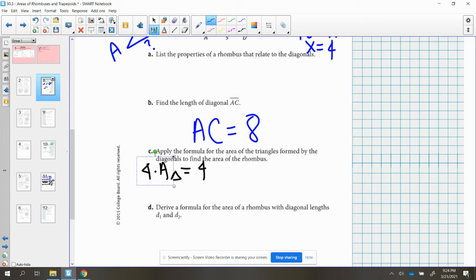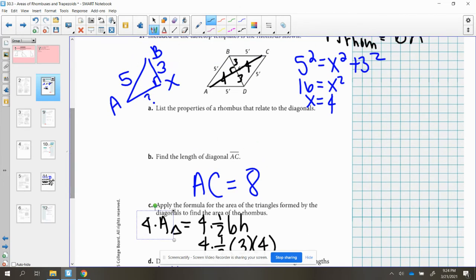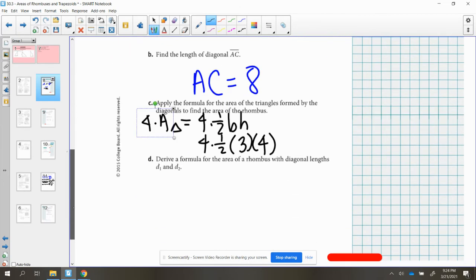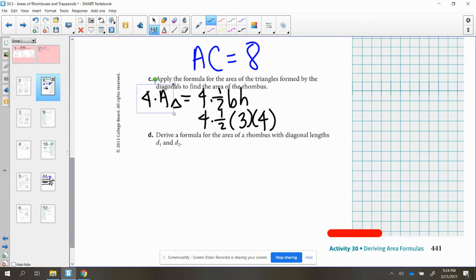So 4 times 1/2 base times height, and for those right triangles, our base and our height are 3 and 4, the lengths of the legs, right? Like we see here, again, 3 and 4. So we end up getting 4 times 1/2 of 12, which ends up being 24 square feet.